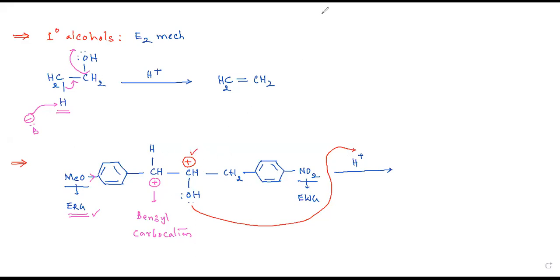And this bond comes to the rescue of the positive charge. It goes for a 1,2 shift first. Let me show you that. So firstly, you get a positive charge here, but when it goes for a 1,2 hydride shift, you get a positive charge here.